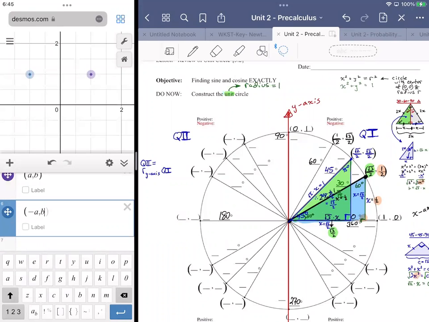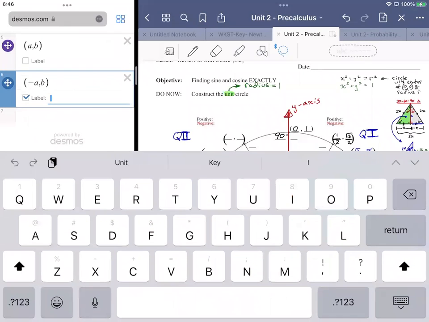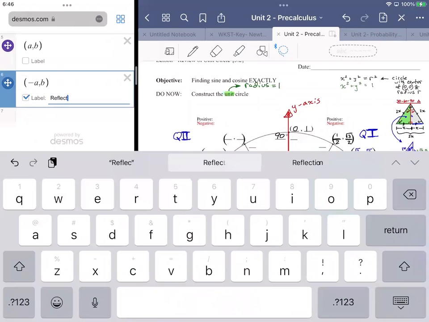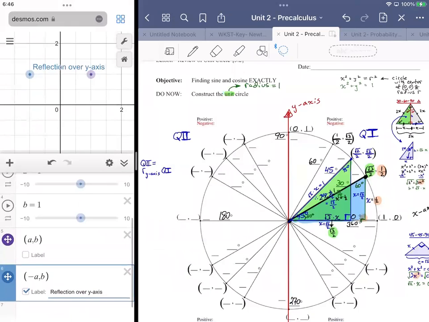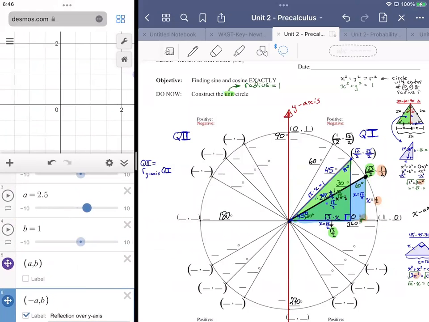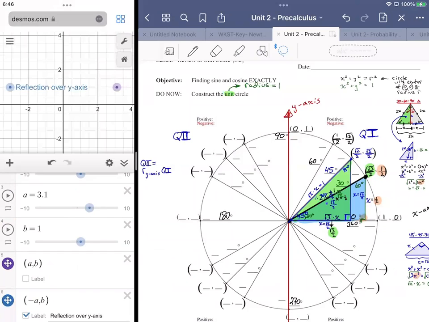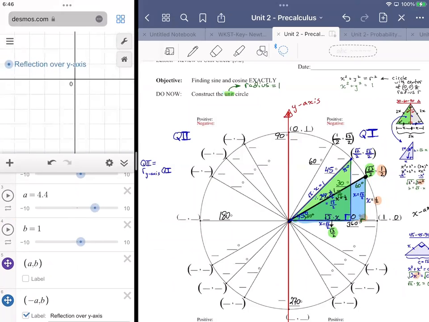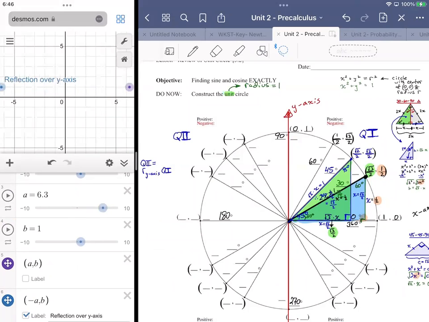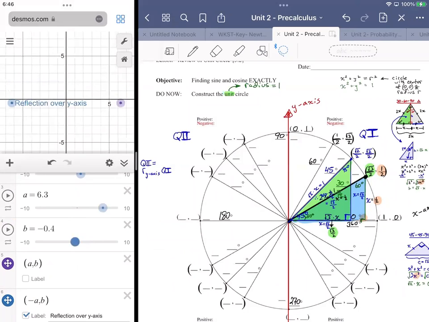This would be a reflection over the y-axis. So if I take my a value and just move it away, you're like, oh, where'd everything go? Zoom out. I got my reflection over the y-axis. Zoom out even more. It's still a reflection over the y-axis. I can move it up, I can move it down. It's still a reflection over the y-axis.